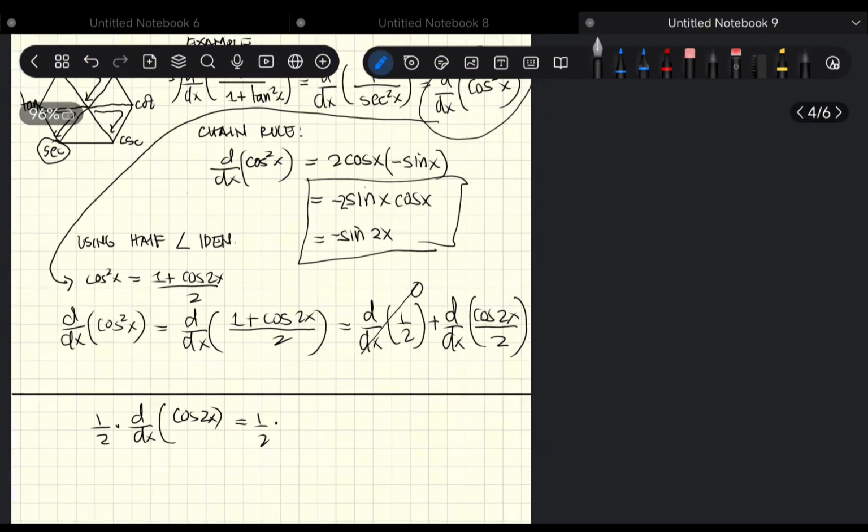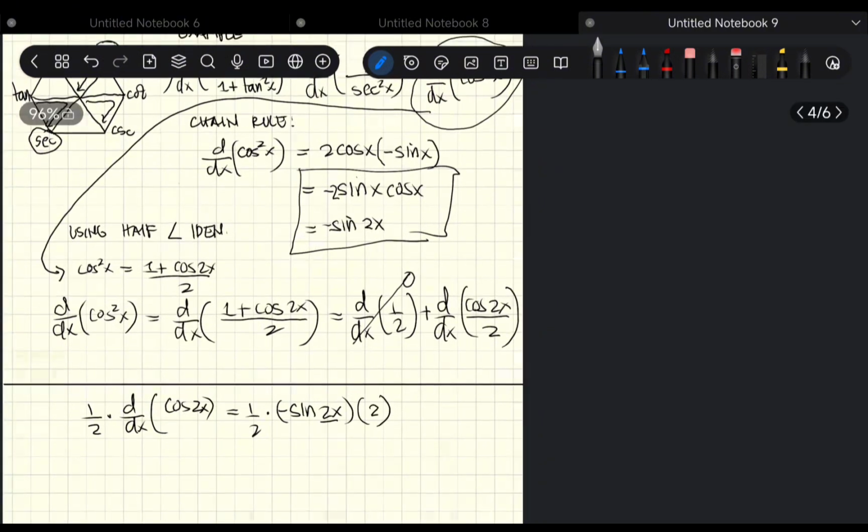That is negative sine 2x. And chain rule, so that is 2. The derivative of 2x is 2. We get here, cancel this. We have here negative sine 2x.